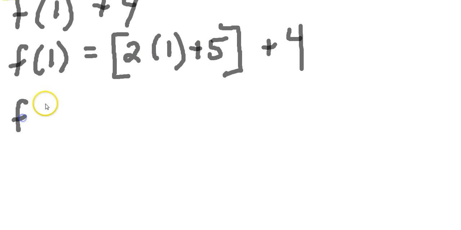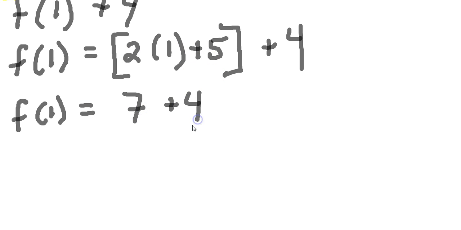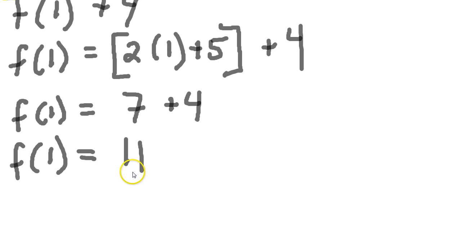So now we have f of 1 equals 2 plus 5 is 7, plus this 4 we had tacked on at the end. We have f of 1 equals 11. So when we put in f of 1 plus 4, our answer is 11. And we write the ordered pair as 1, 11.